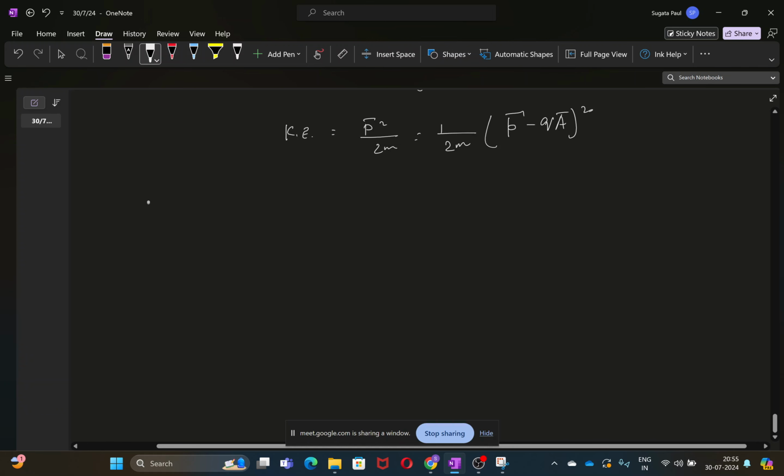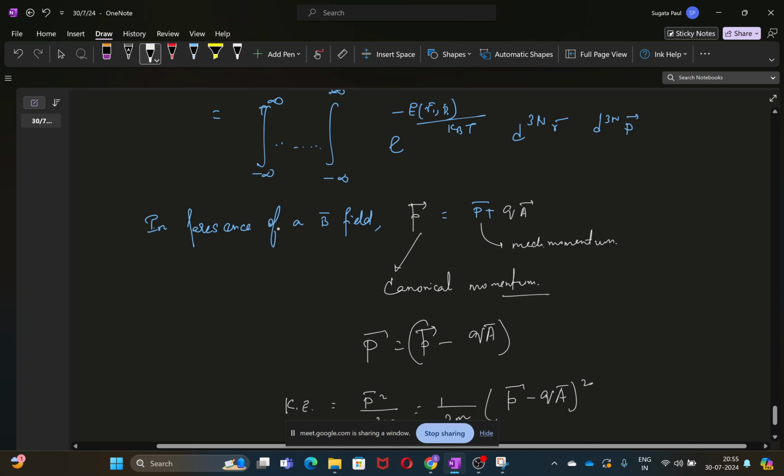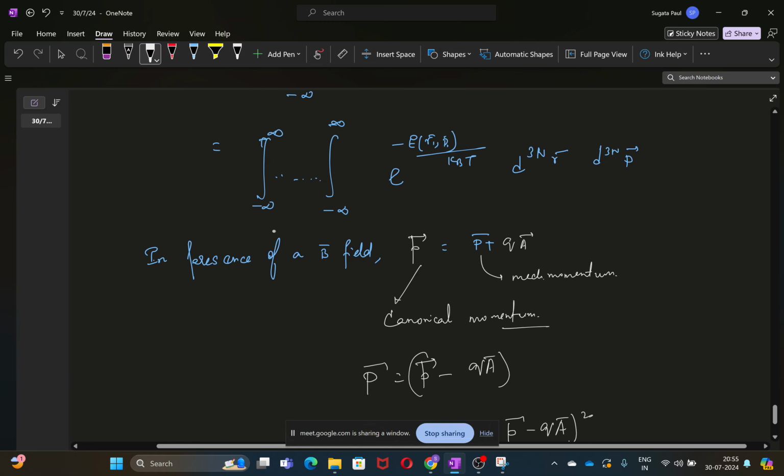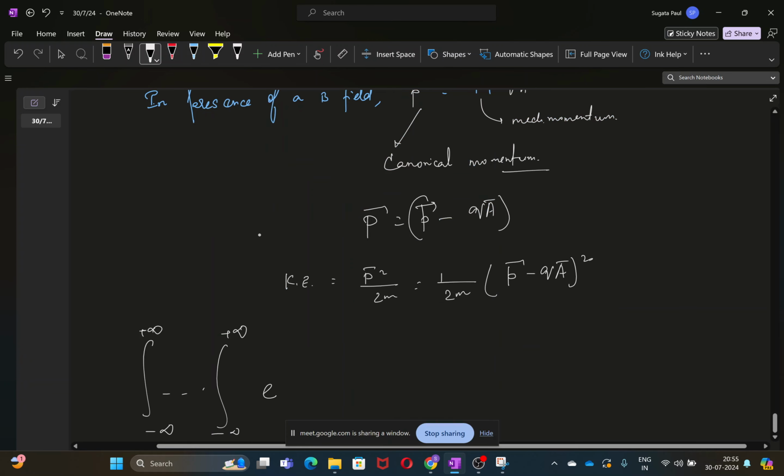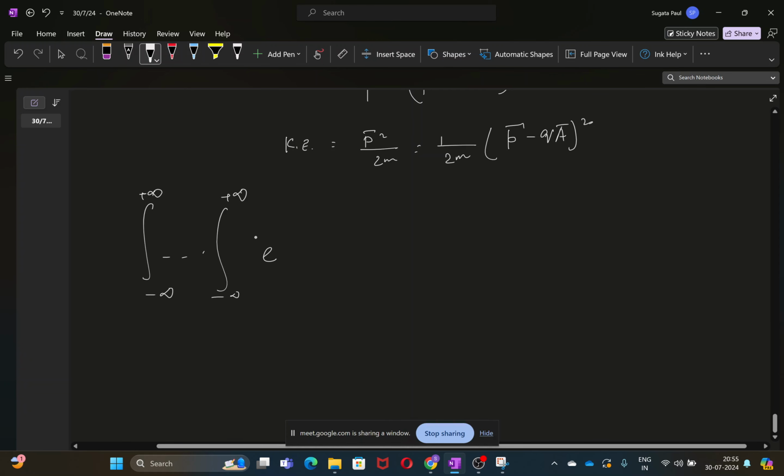The integral will be from minus infinity to plus infinity, and so on. Because the energy is nothing but the kinetic energy plus the potential energy, and if no other interaction terms are mentioned, then the potential energy will be negligible or zero. So the only kind of energy the particle system will have is the kinetic energy.